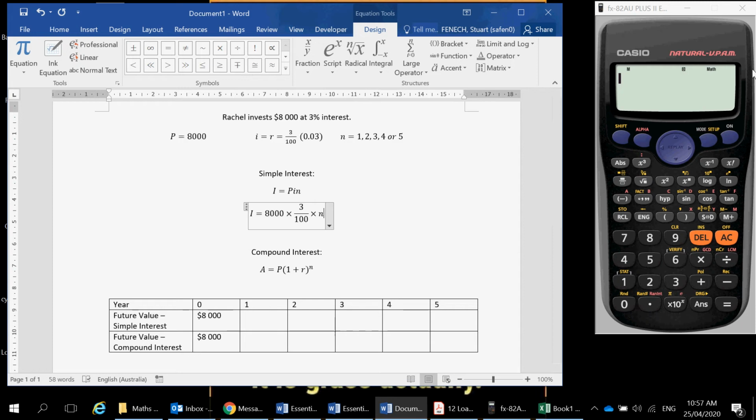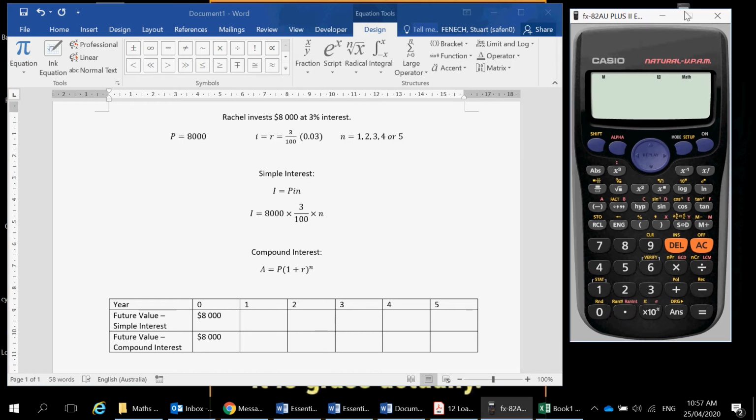That makes it easier to do in the calculator, because what I'm going to do now is type that in. I'm going to go 8,000 times, here I'll do it as a fraction so you can see it all fully, 3 over 100 times, for the first year, N is 1.